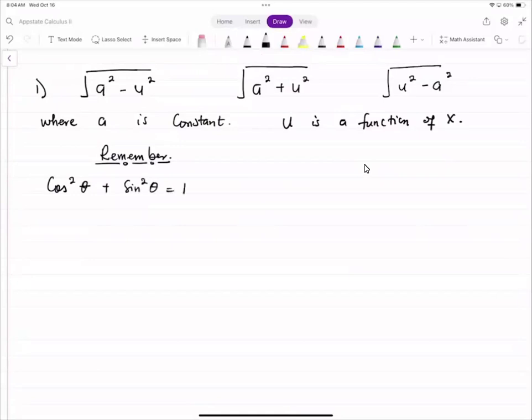You all remember this, right? And so from here, we can say cosine squared of theta is the same as 1 minus sine squared of theta. And so we can see that cosine of theta is the same as the square root of 1 minus sine squared of theta.